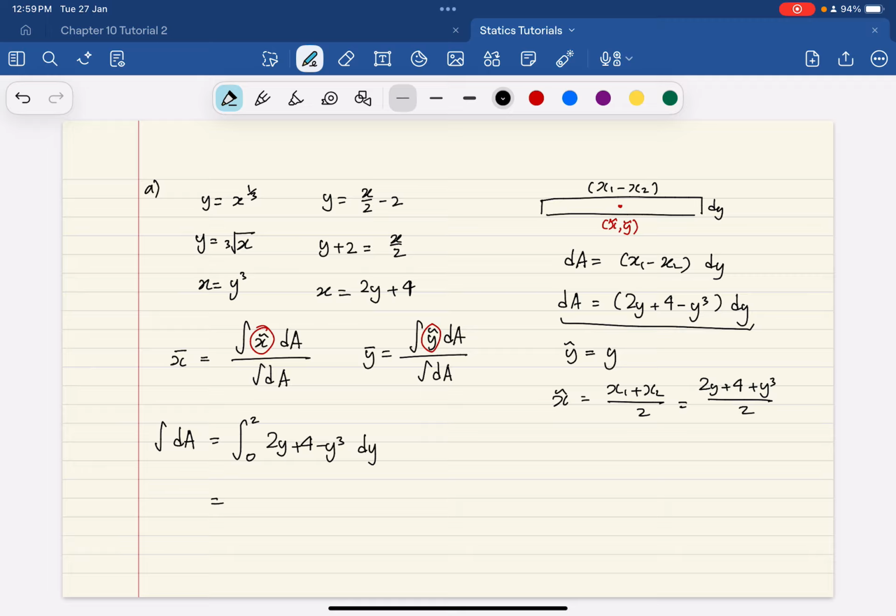Then we do the integration and get 2y squared over 2 plus 4y minus y to the power of 4 over 4.